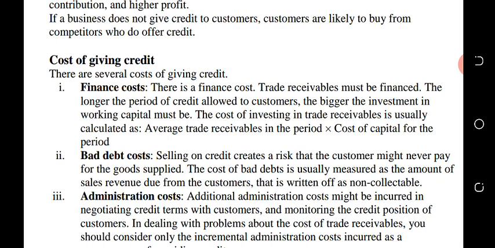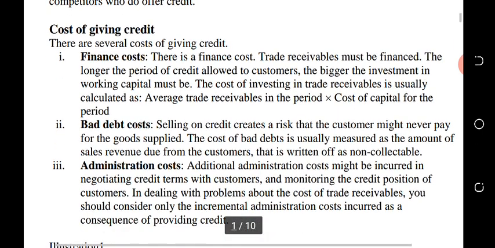Now, if your supplier does not give you credit, and instead of selling on a cash basis you choose to sell on credit, you have to borrow short term, an overdraft, in order to finance your trade receivables.